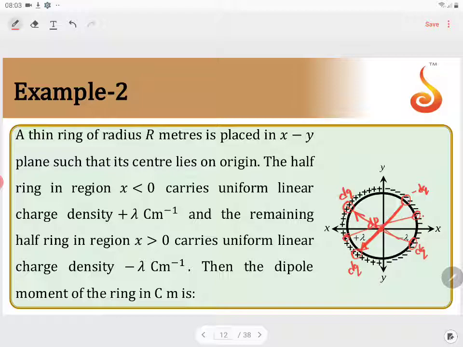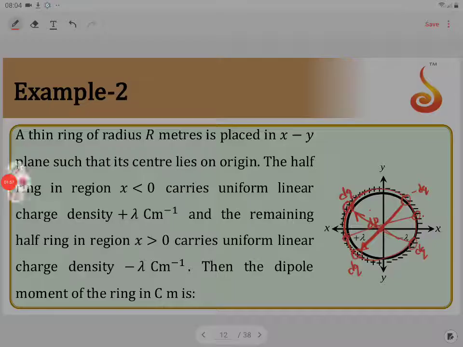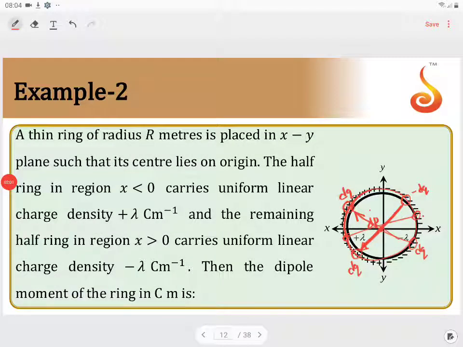Dipole moment is a vector. So we have to calculate the vector sum of all these dipoles. The net dipole moment will be the vector sum of all individual dipole moments.